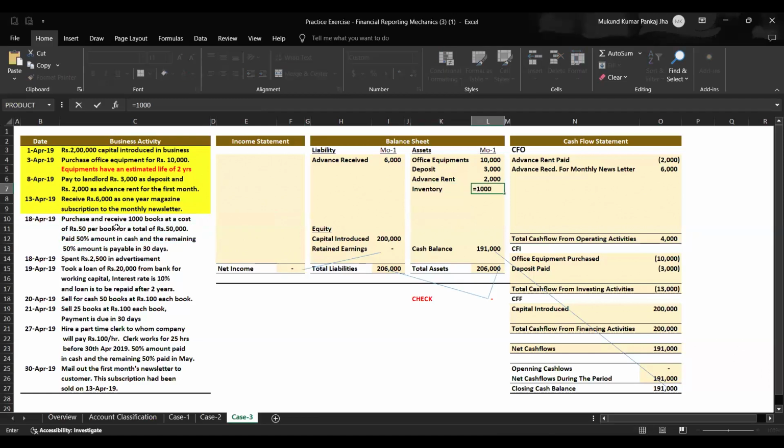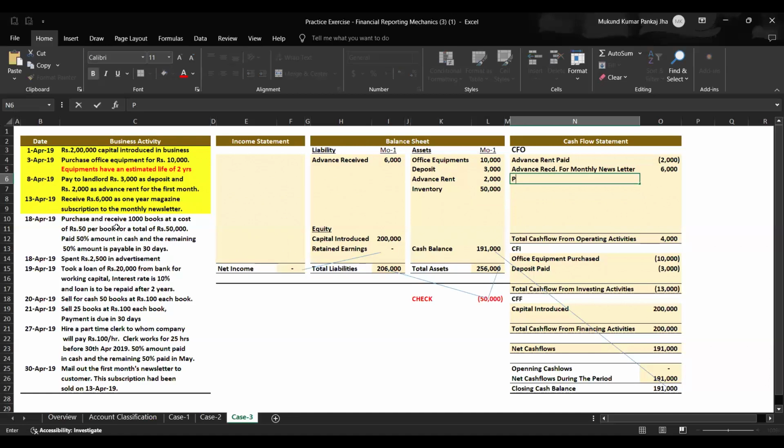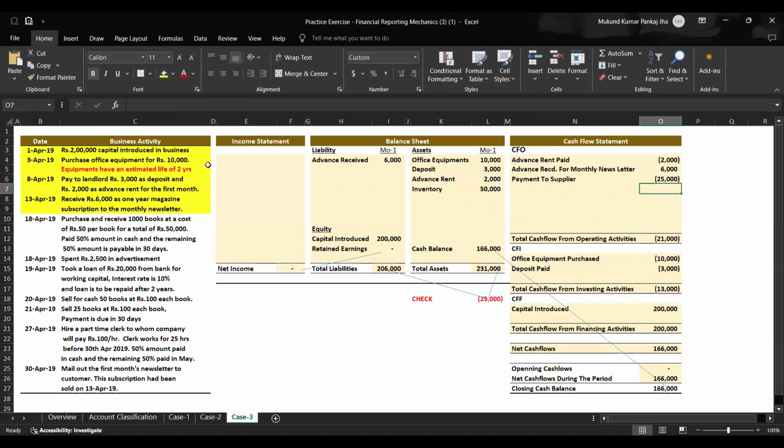That is 1,000 into 50 books, out of which the payment to the supplier was 50%, and the rest of the amount is payable in next 30 days.